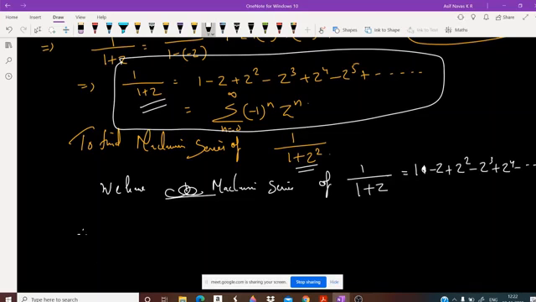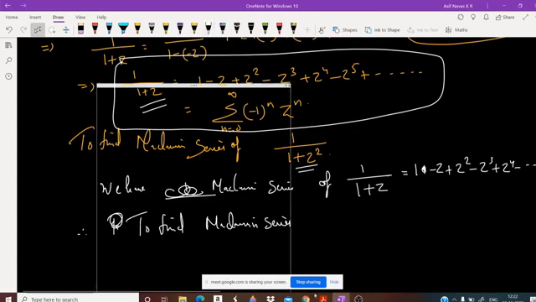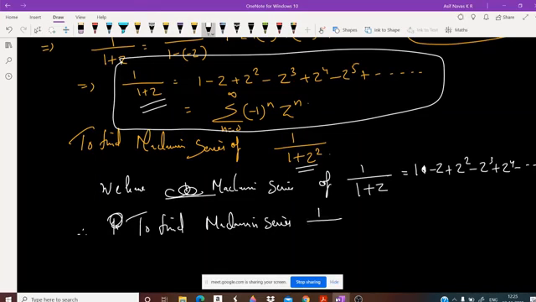Therefore, to find the Maclaurin series of 1 by 1 plus z square, we just replace z by z square.